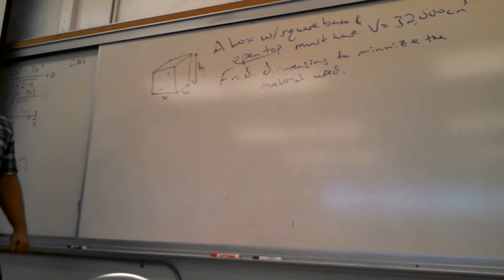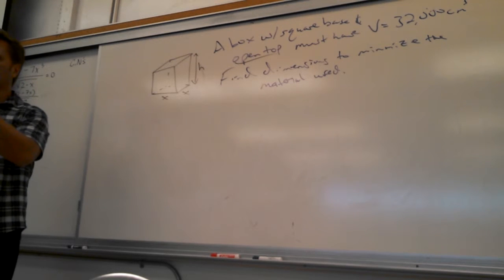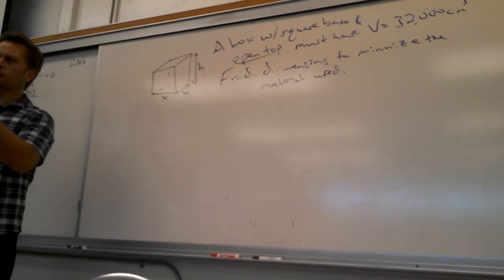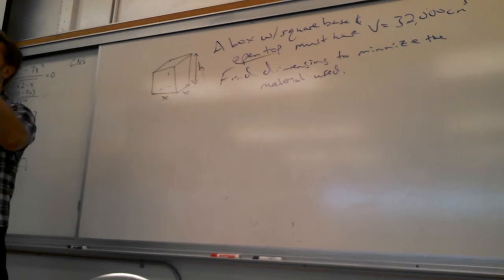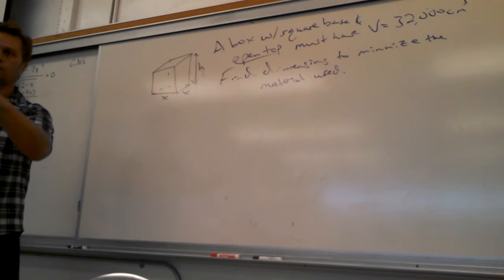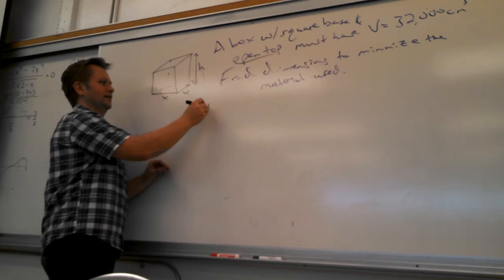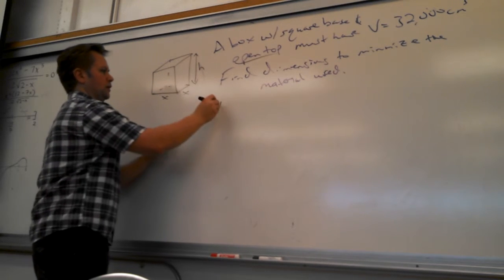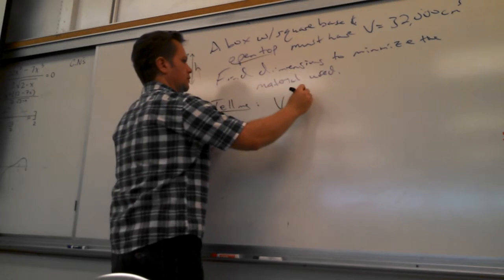All right. So remember what I said. They're going to tell you something. Write the equation for what they told you. They're going to ask you something. Write the equation for what they ask you, and then see how you can use them together. And whatever we end up with, we're going to attack it with calculus. Kill it with fire. So, what do they tell me? They tell me the volume has got to be 32,000.